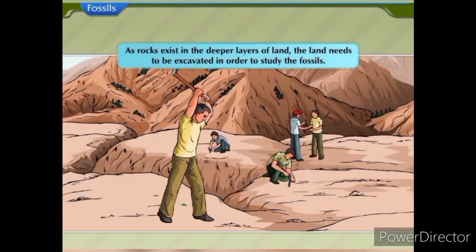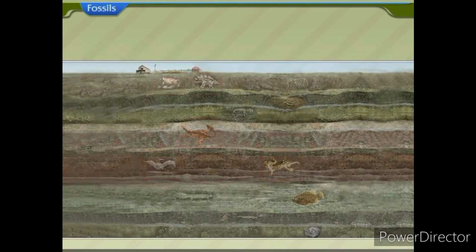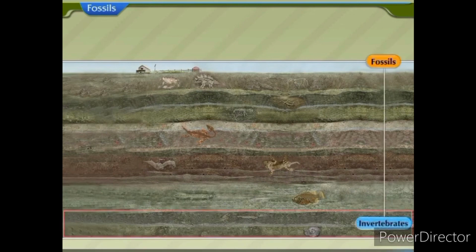As rocks exist in the deeper layers of land, the land needs to be excavated in order to study the fossils. Fossils can be collected from different layers of rocks found at different depths. The systematic study of these fossils indicated that the fossils of invertebrates are situated at the deepest level.